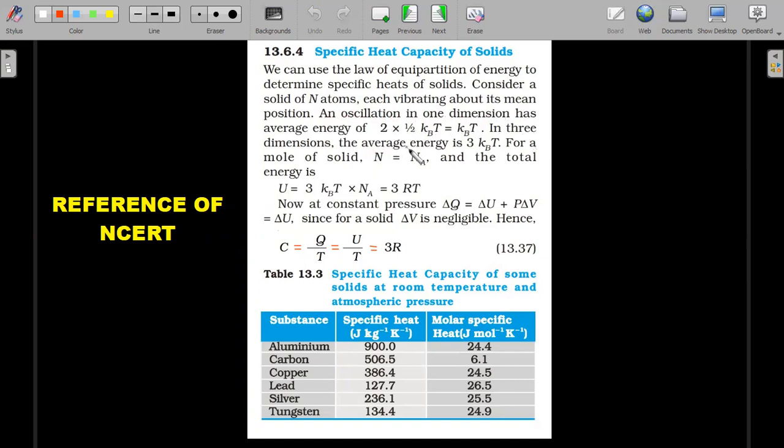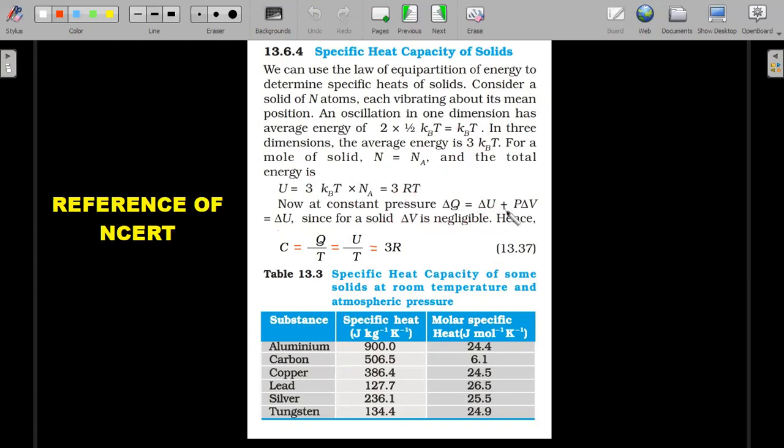But in 3 dimensions, that average has to be further multiplied by 3. That means 6 degrees of freedom: 3 dimensions, and 2 per mode. Therefore, 6 into kT by 2, which gives you 3kT. That's why in the previous question we have taken 3kT. For a mole of solid, N has to be equal to Na, and therefore total energy becomes 3RT. So for 1 mole, 3RT, and for 1 molecule, 3kT.